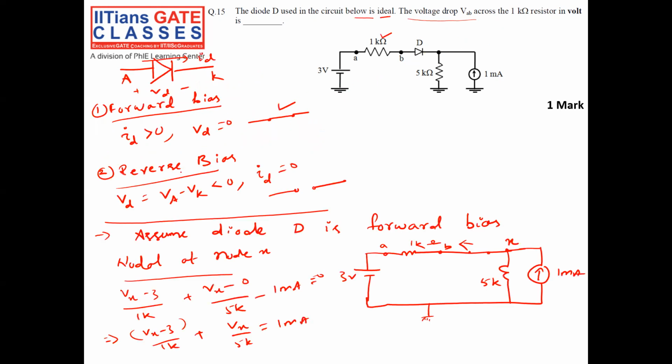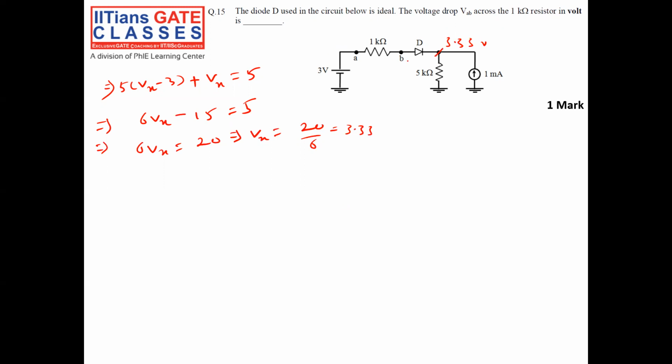With this, we have assumed that the diode is forward bias. So let us verify the assumption. If the diode is forward bias, the current through the diode should be greater than 0. So what is the current through the diode? ID is equal to (3 volt minus 3.33) divided by 1k, so minus 0.33 milliampere.